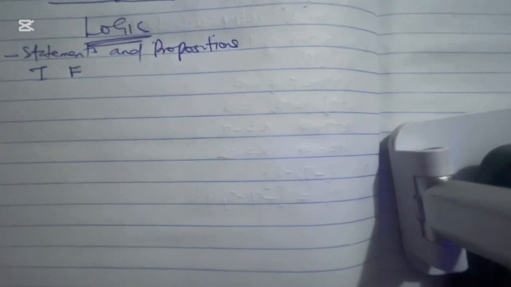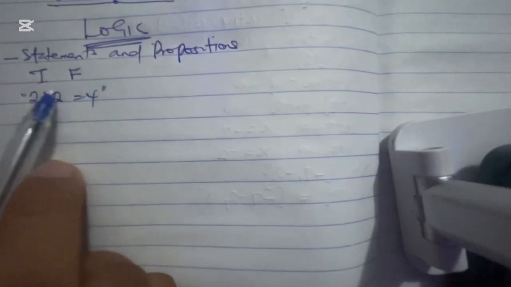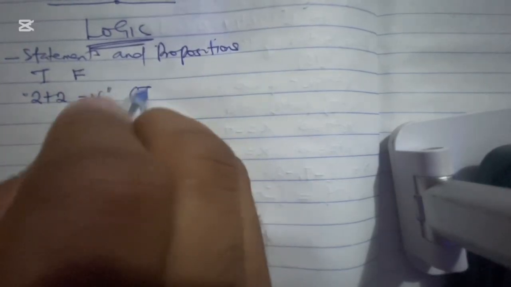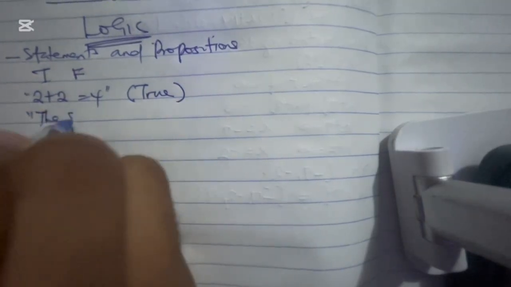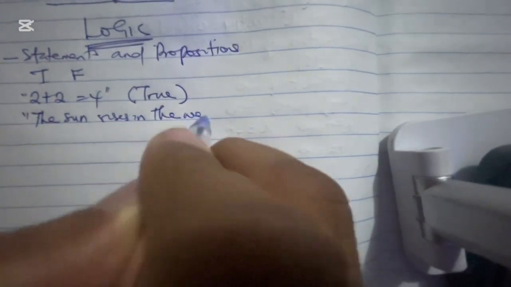For instance, the statement "2 plus 2 is equal to 4." This is a statement, because we use quotation marks, or what we call inverted commas, to indicate it. So it is true. Another statement: "The sun rises in the west."